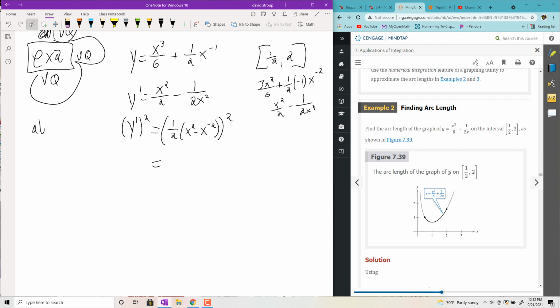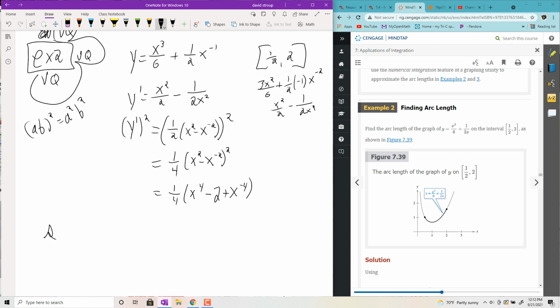Then, product to power rule: if you have ab to the second power, that's a squared times b squared. So here it's 1/2 squared, which is 1/4. And then you have to FOIL the x squared minus x to the negative 2. Right? So you end up with 1/4 times x to the 4th minus x to the negative 2 times x squared, which is just x to the 0, which is 1. So you get minus 1, which is minus 2 total, and then plus x to the negative 4.